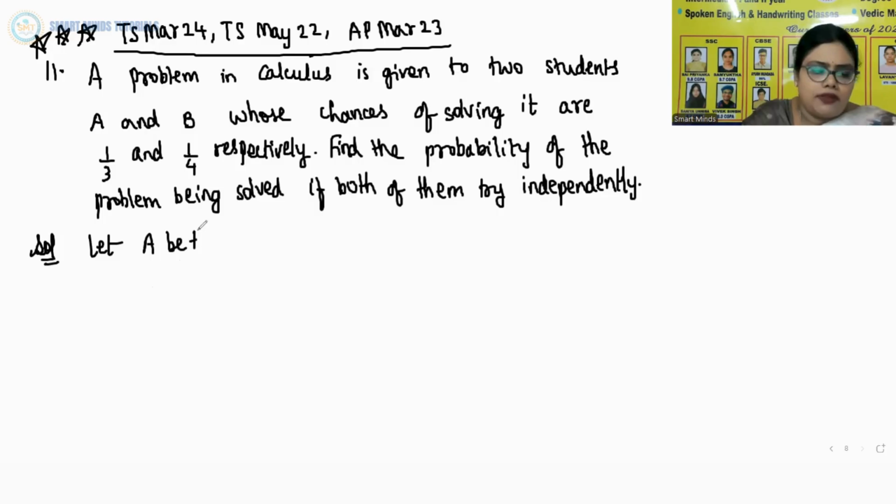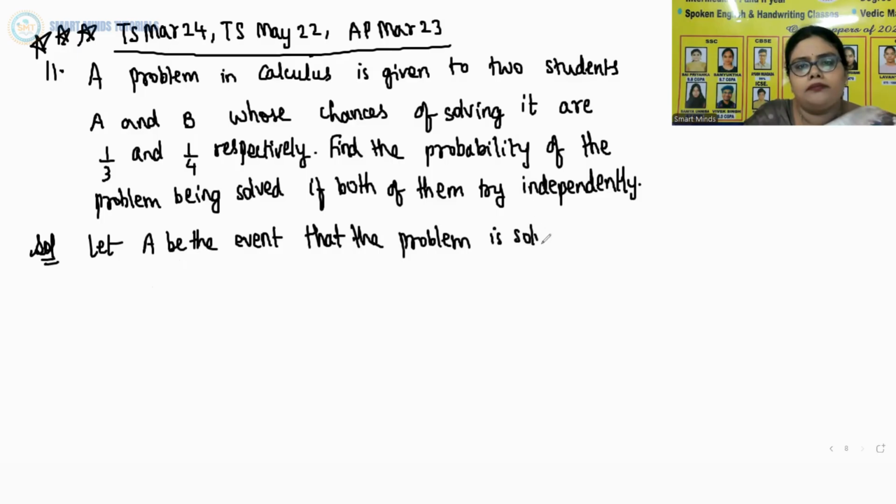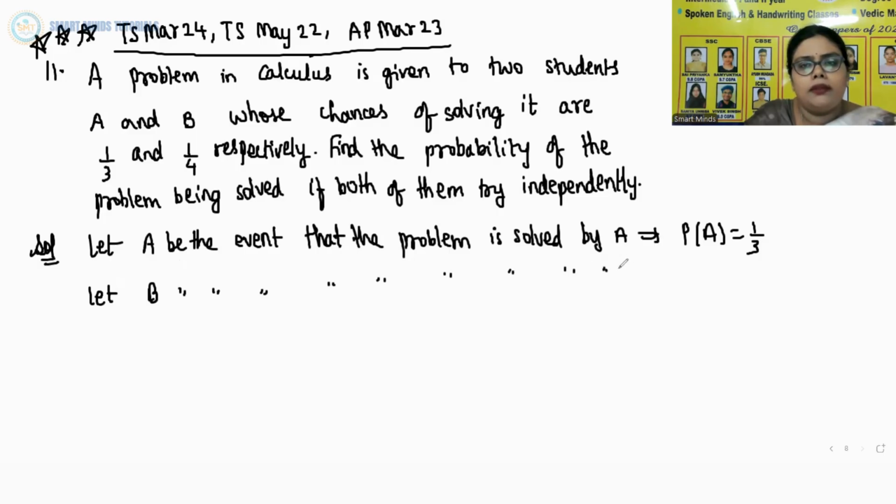Let A be the event that the problem is solved by A, which means P of A is equal to 1 by 3. Let B be the event that the problem is solved by B, which means P of B is equal to 1 by 4.